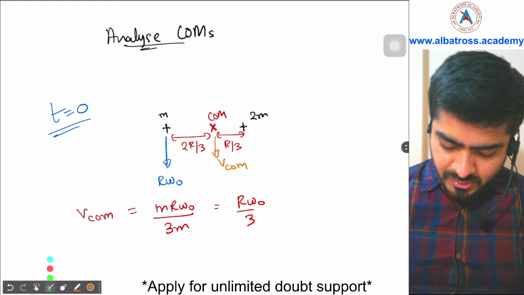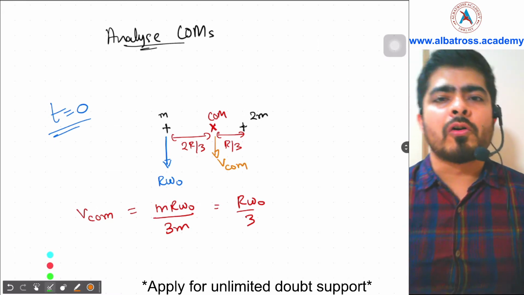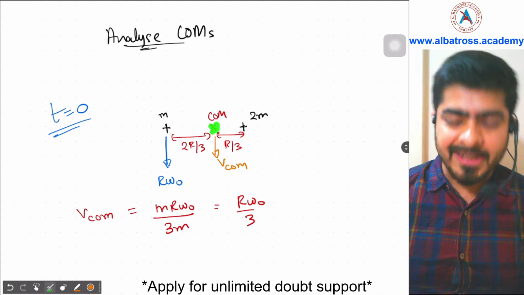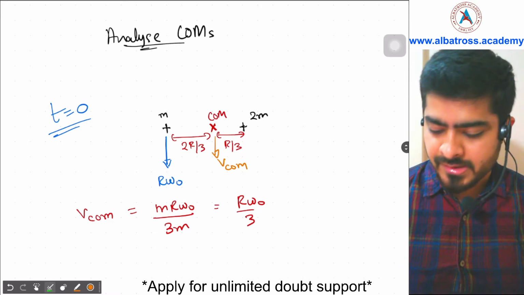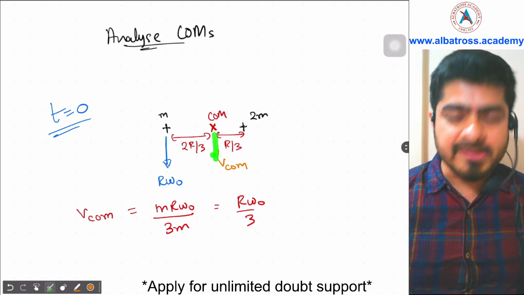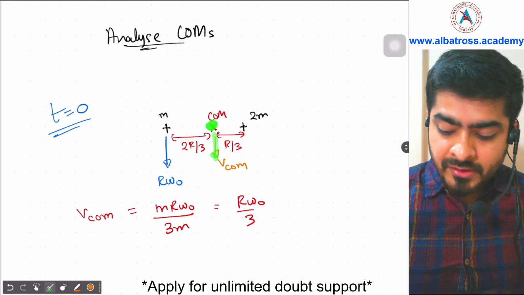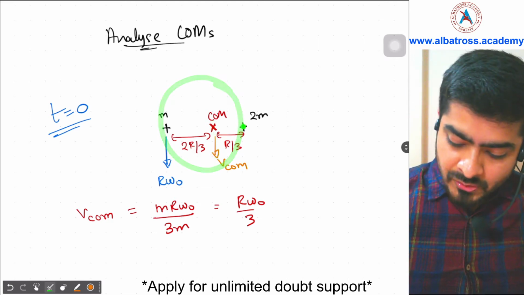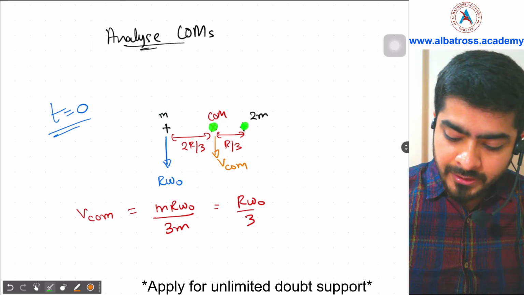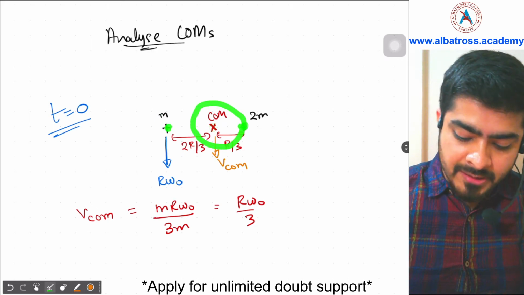Now since there is no external force involved, about this center of mass the angular momentum and the linear momentum should remain conserved. So the velocity of center of mass is never changing, and about the center of mass the system will keep on rotating with angular velocity omega naught.